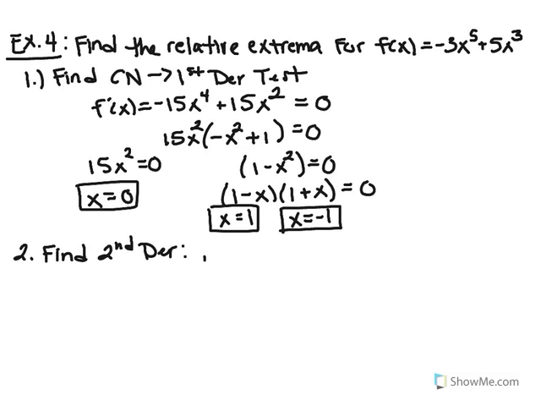So f double prime of x is the derivative of the derivative, which is negative 60x cubed plus 30x.